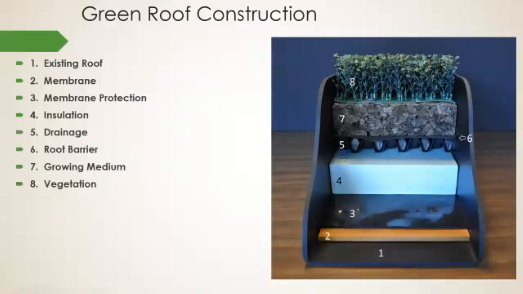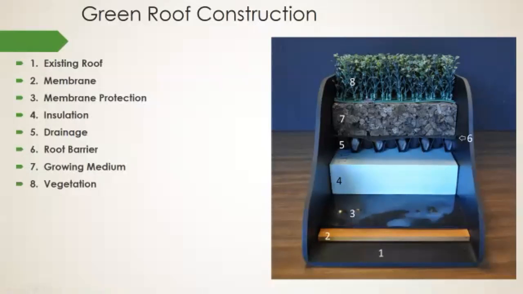Due to the excessive water amounts associated with green roofs, that membrane needs to be extremely resilient to support the weight of the extra water or snow or materials up there and be resistant to leaks. And so far in 10 years, we haven't had any leak issues, so knock on wood.